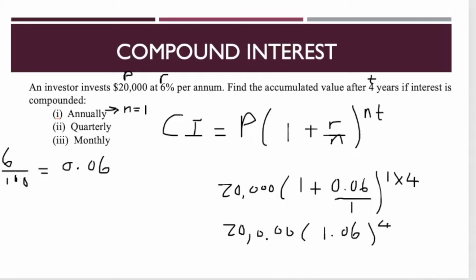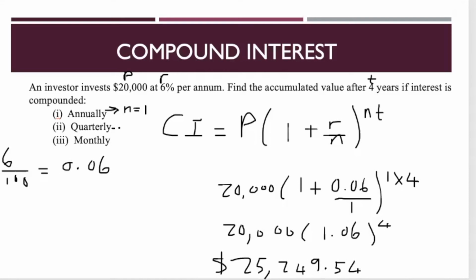So we'll have 20,000 times 1.06 raised to the 4. And what I will have, rounded off to 2 decimal places, is $25,249.54. And that is the amount I'll have if compounded annually.